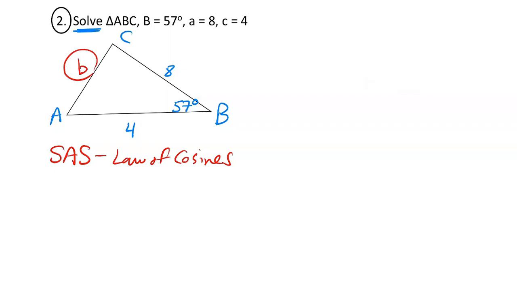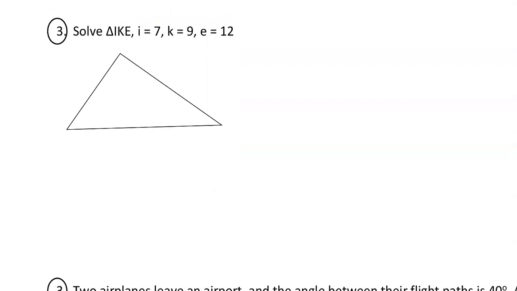It would be good practice to finish the entire triangle, but as a try this, I'll just have you solve for B. For number 2, we have triangle IKE, and opposite of I is 7, opposite of K is 9, and opposite of E is 12.